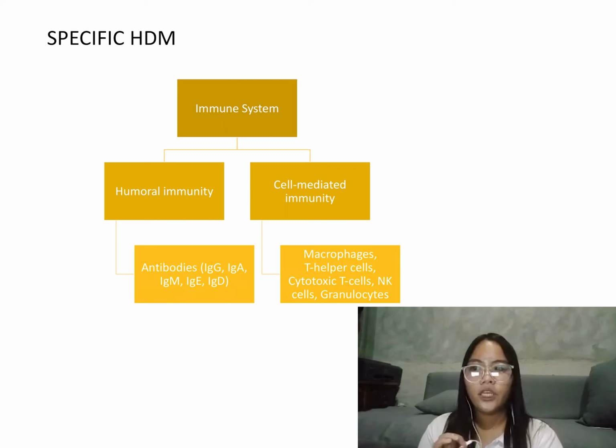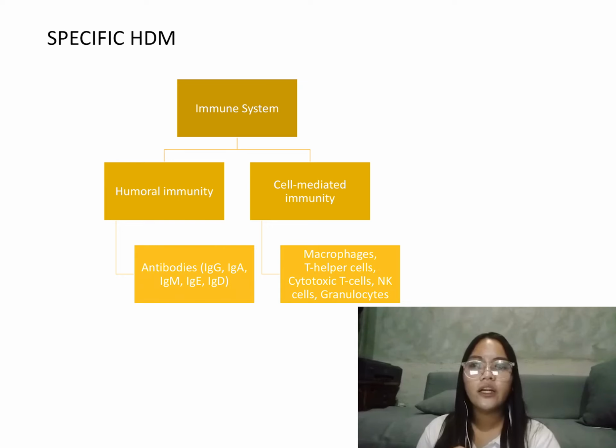Cell-mediated immunity is involved in activating cells. Macrophage, a type of white blood cell that surrounds and kills microorganisms, removes dead cells, and stimulates the action of other immune system cells.